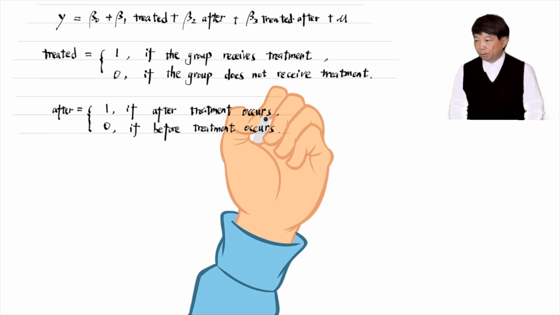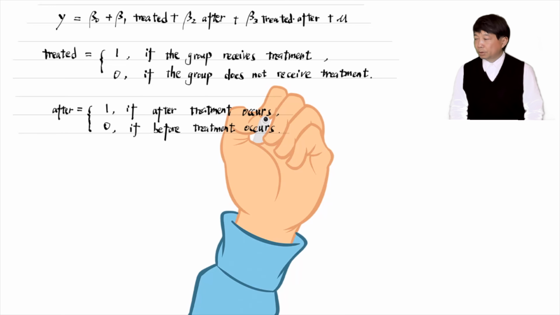Another dummy variable after equals 1 after the law was enforced and 0 before the law was implemented. A simple regression model includes both dummy variables and their interaction term as the explanatory variables. The outcome variable is the length of time that an injured worker received workers' compensation.